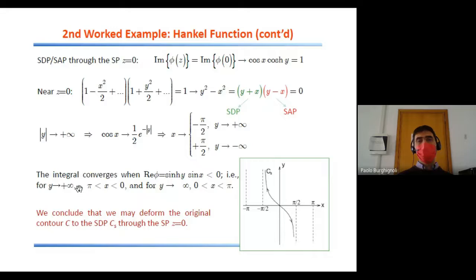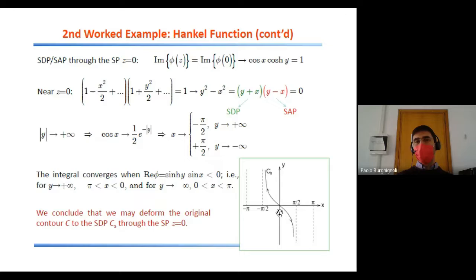Here there is a missing minus in front of this pi. I don't know why. Whereas in the fourth quadrant, when y goes to minus infinity, so again there is a missing minus. This minus sign has some problems with my editor. And we are in the half strip where x is between 0 and pi.